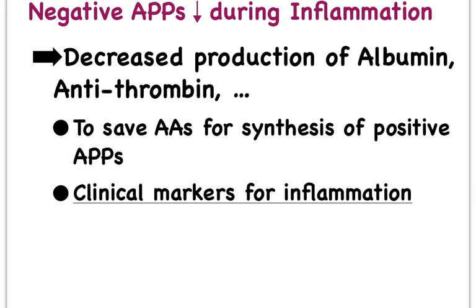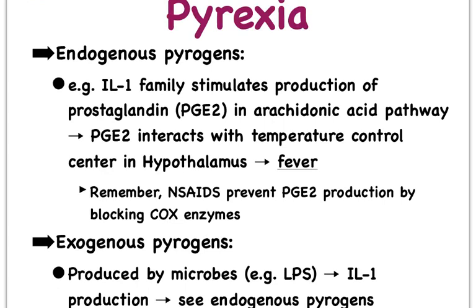So another clinical marker. So that brings us to fever or pyrexia, which is created by chemicals we call pyrogens. And so there's two forms. There's the endogenous ones that are produced from within our body, interleukins in particular. So IL-1, the IL-1 family is particularly good at stimulating our prostaglandin E2.